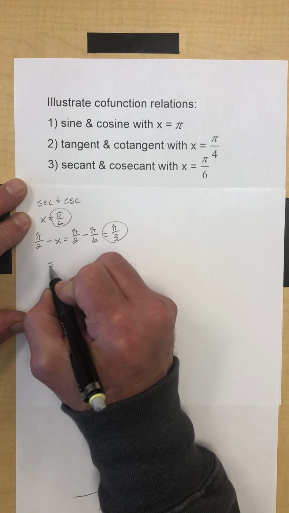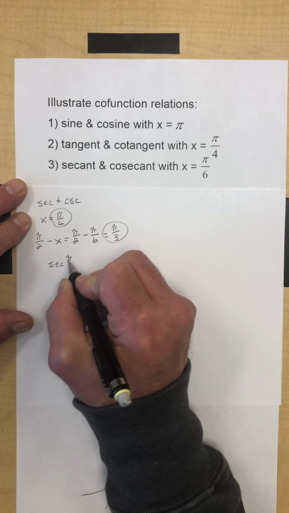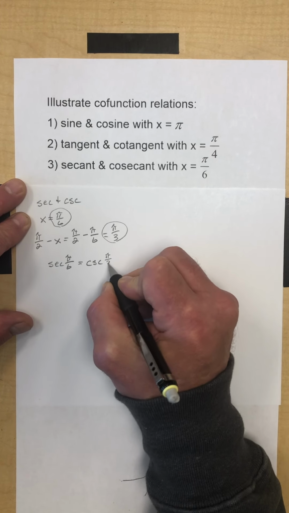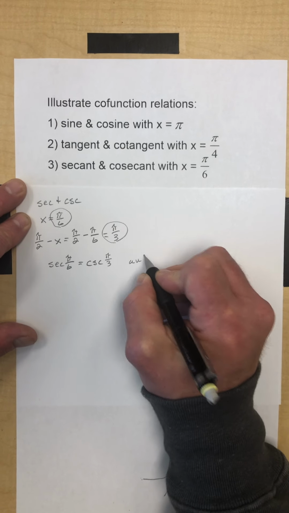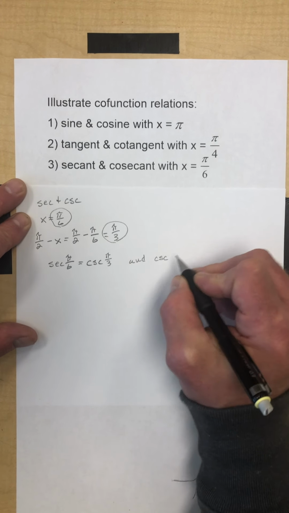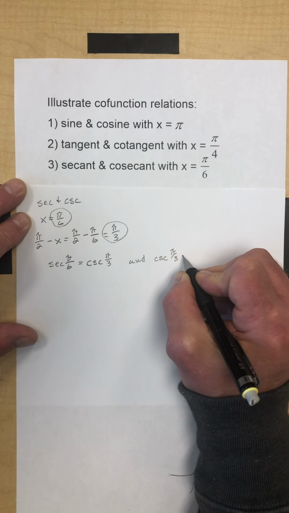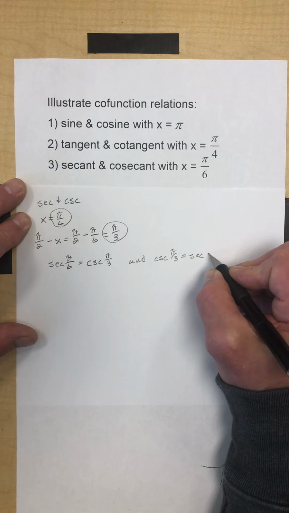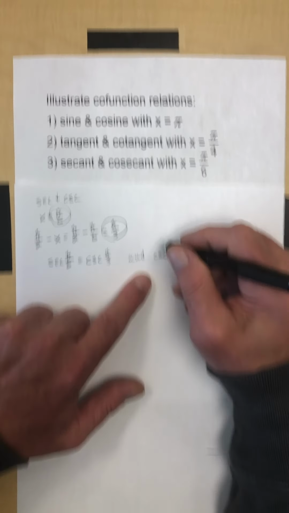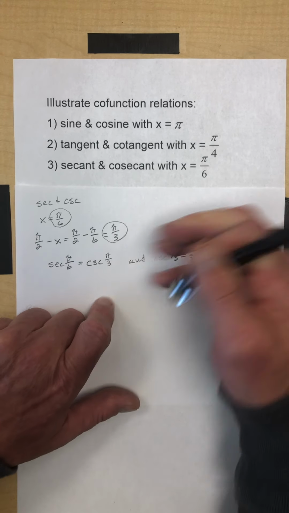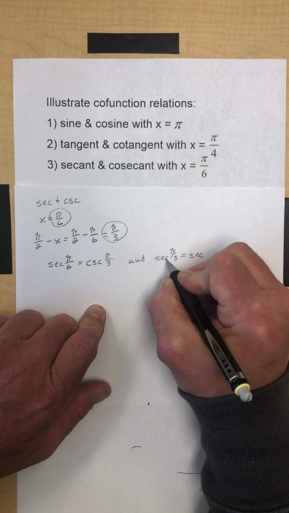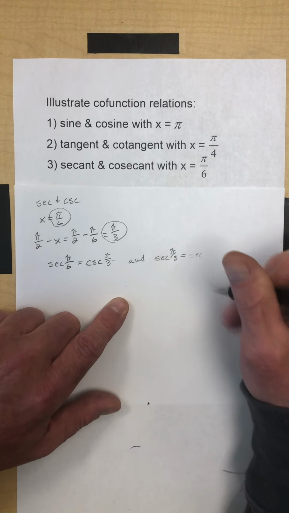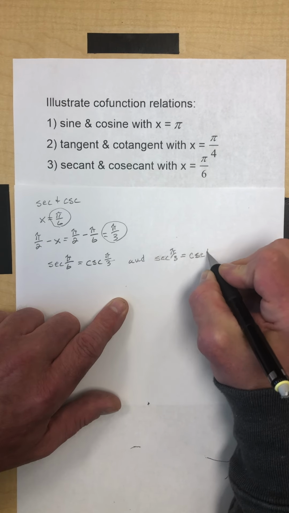I have to show that the secant of one of them, pi over 6, is equal to the cosecant of the other one, pi over 3. And if I switch the angles, I would get secant of pi over 3 equals the cosecant of pi over 6.